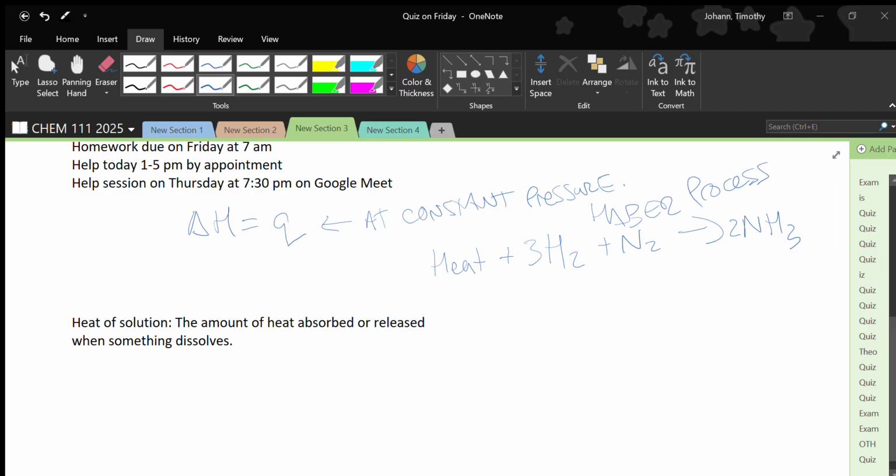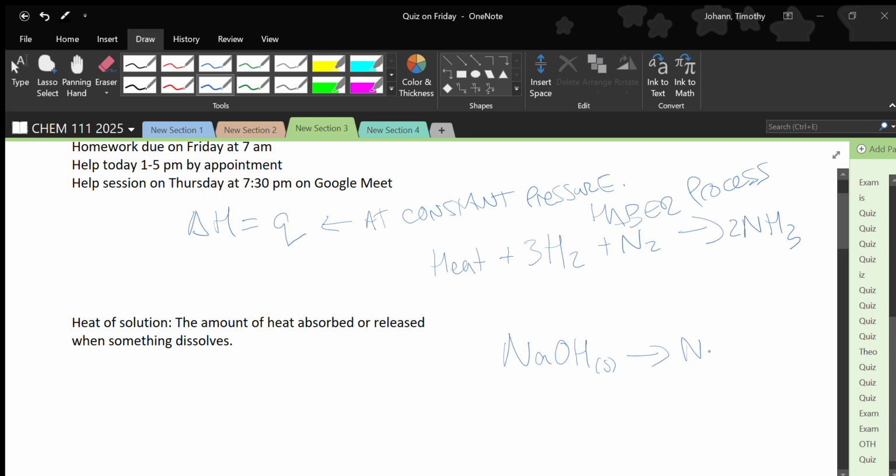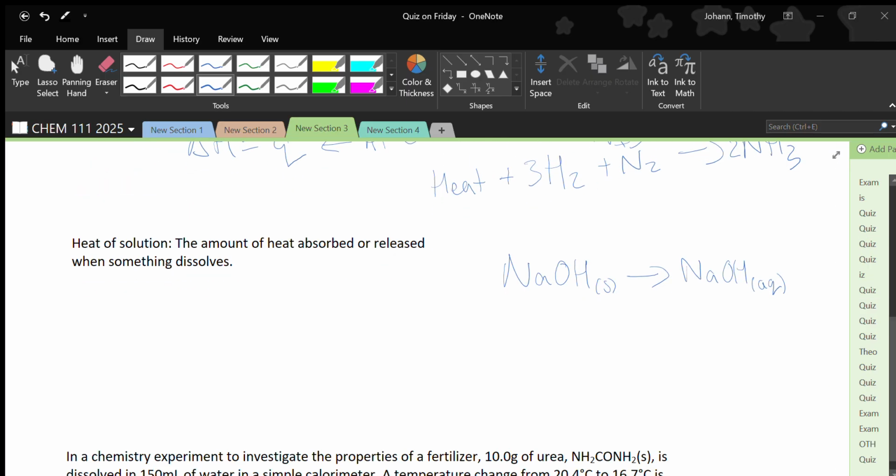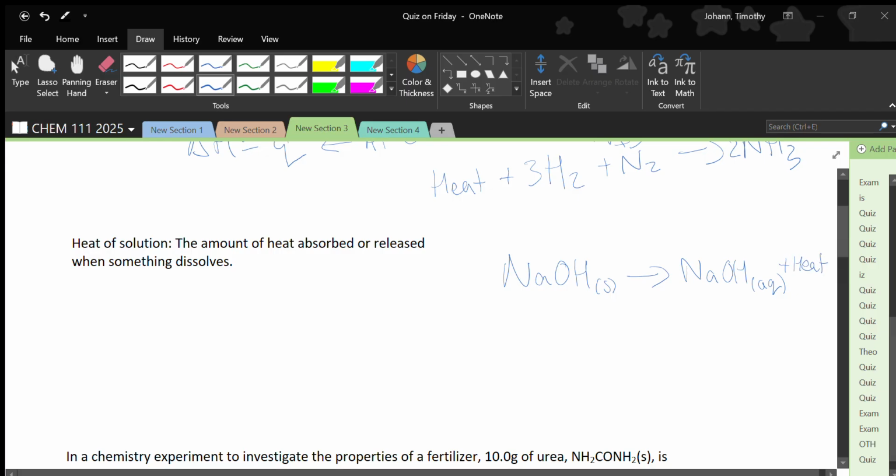So if I take sodium hydroxide solid, and I dissolve it in water to make sodium hydroxide aqueous. Okay, sodium hydroxide is a base. It's really corrosive. You got to be super careful around it, but it comes in these pellets. If you throw those in water, that solution gets really hot, so we get heat released when you do that.